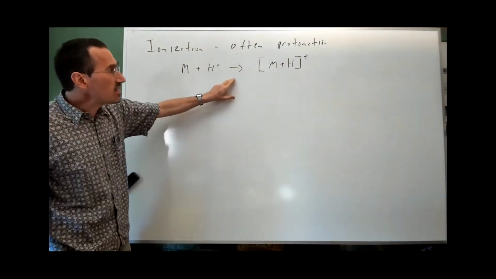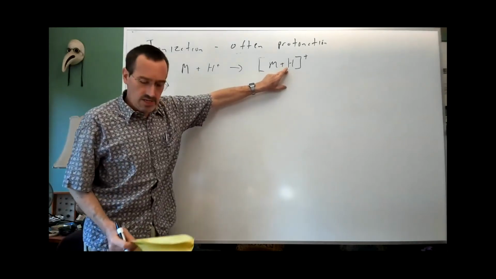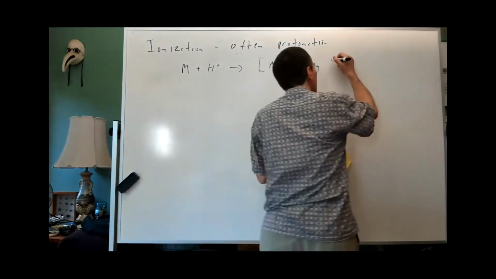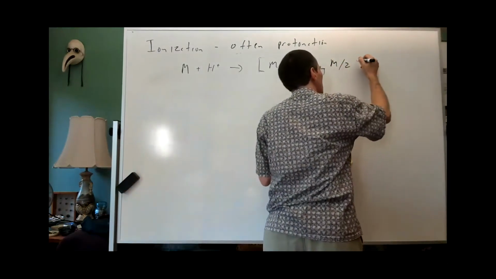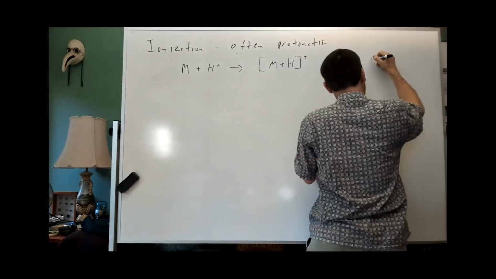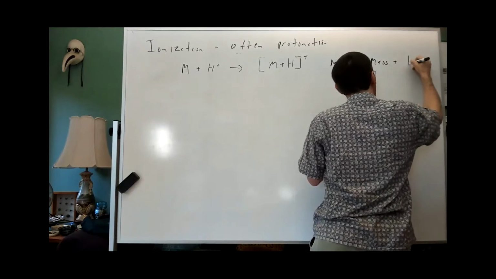And now the thing to keep in mind, okay, so we've put a proton on the molecule, and so the mass to charge ratio now equals the mass plus 1.